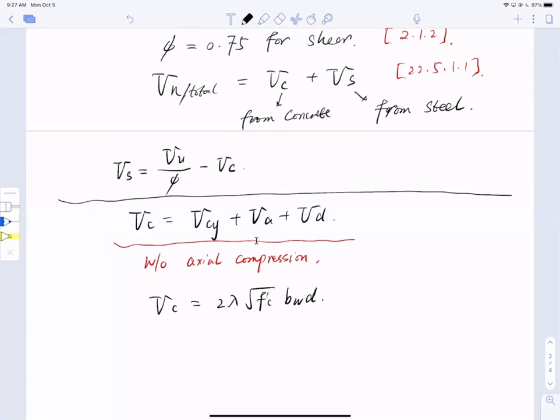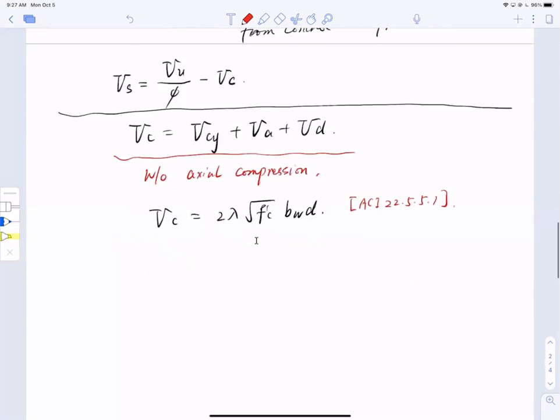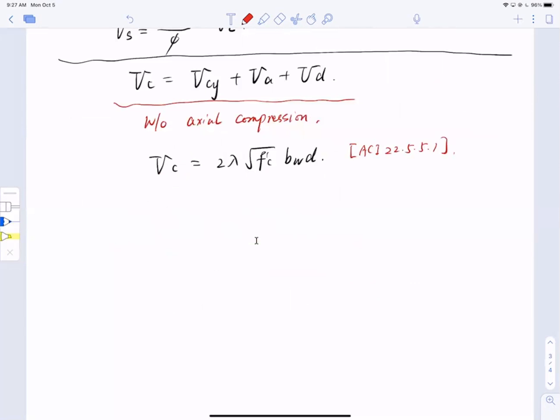That is the simplified format for concrete shear resistance. You can find this in ACI 22.5.5.1. So this is the shear resistance from concrete.